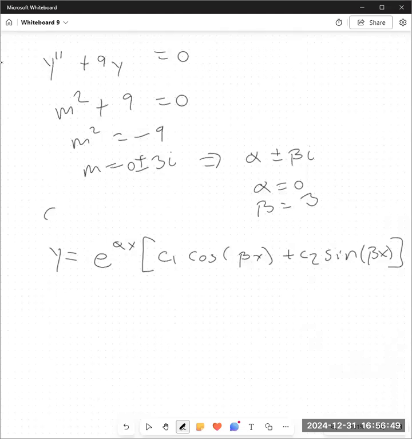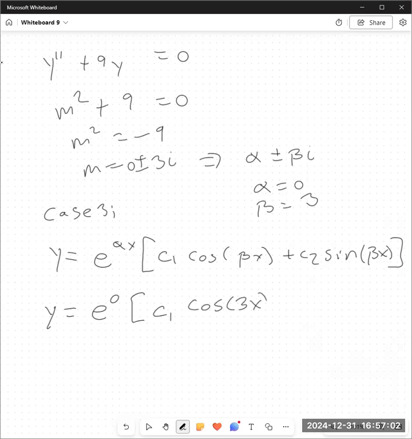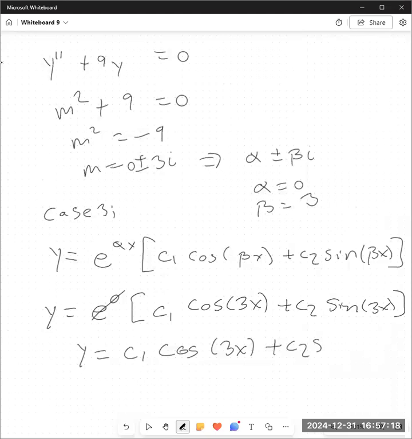So y equals e to the 0x, times c1 cosine of 3x plus c2 sine of 3x, and that e to the 0 power is a 1 that I don't need, so y equals c1 cosine of 3x plus c2 sine of 3x.